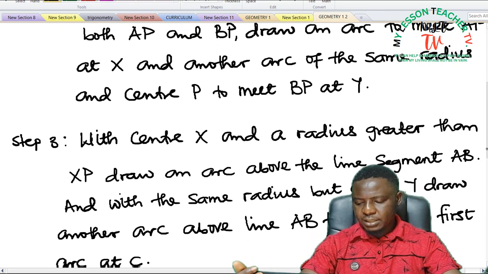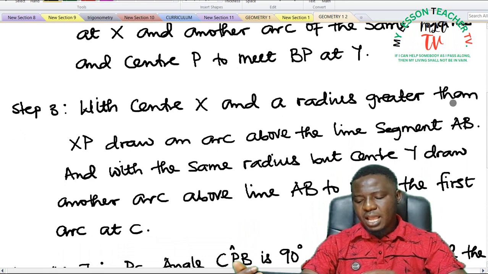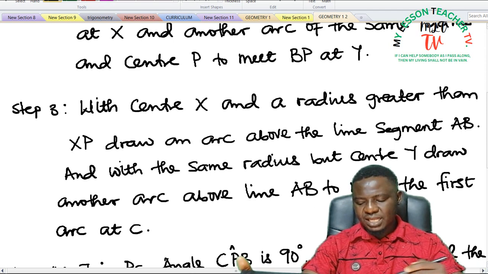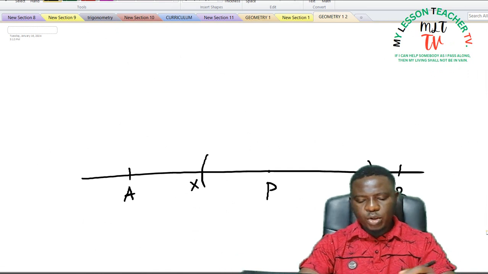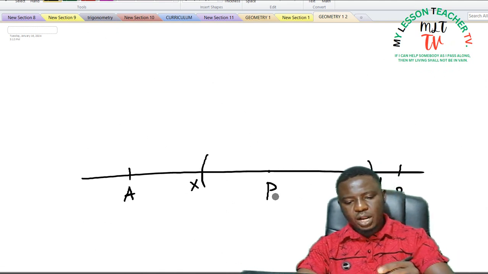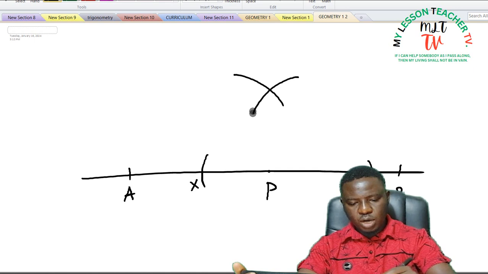Then step 3 says, with center X and a radius greater than XP, draw an arc above the line segment AB, and with the same radius but center Y, draw another arc above line AB to meet the first arc at C. So with X as center and a radius greater than XY, you draw an arc above, and with Y as center, you also draw an arc above.